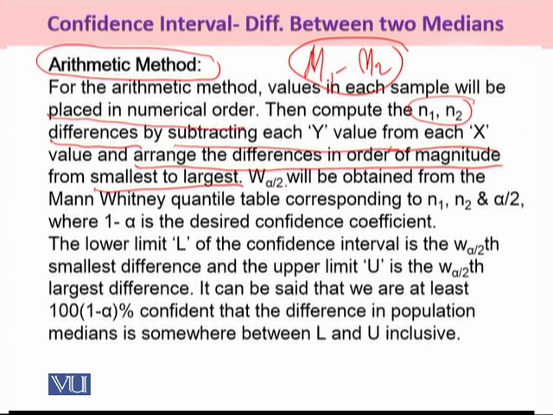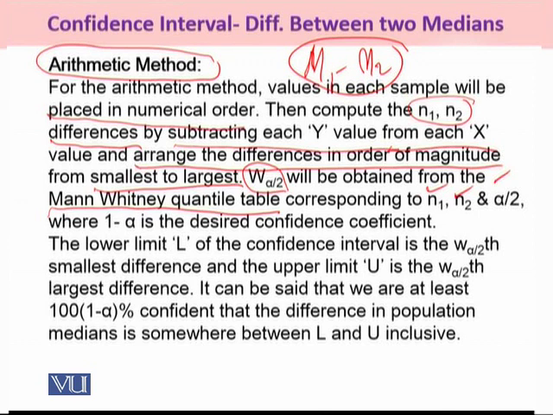The next thing we would have to do is to calculate W alpha by 2. It will be obtained from the Mann-Whitney quantile table corresponding to N1, N2 and alpha by 2, where 1 minus alpha is the desired confidence coefficient. Now, whenever you talk about a confidence interval, you would have to calculate two values. One is the lower value of the confidence interval and the other is the upper value.